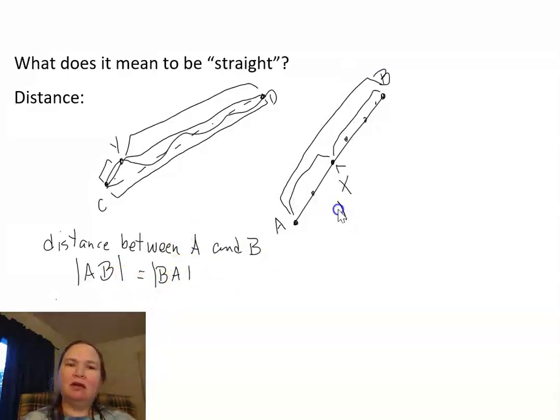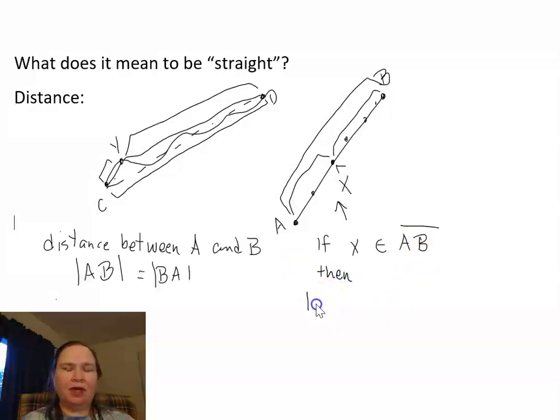So I'm going to say if X is on the straight path of the line segment from A to B, that means that the distance from A to X plus the distance from X to B is going to be the same as just measuring the distance from A to B. X is on the shortest path.